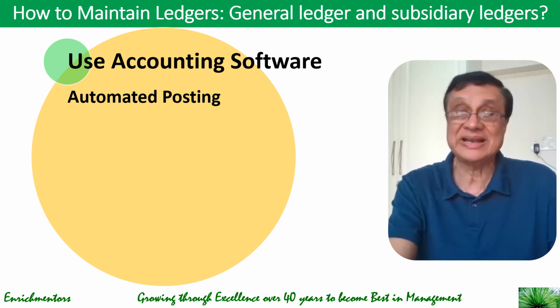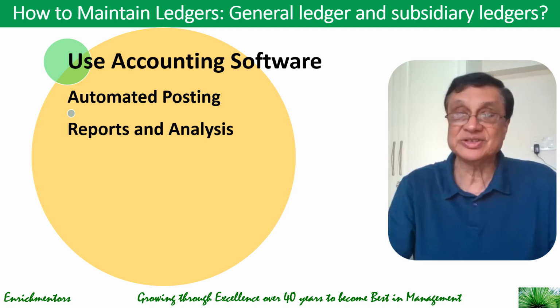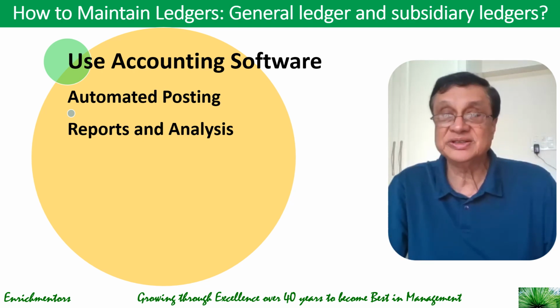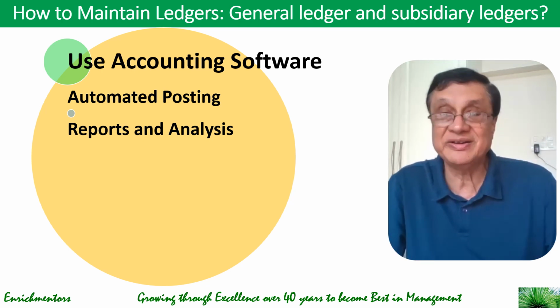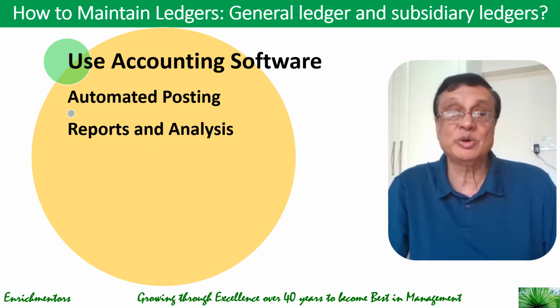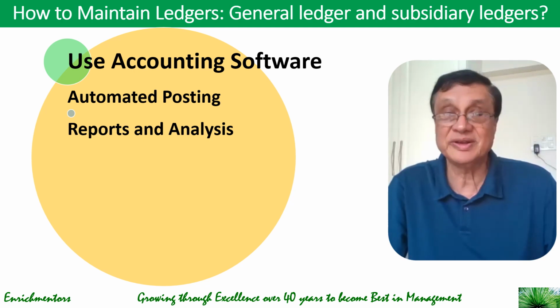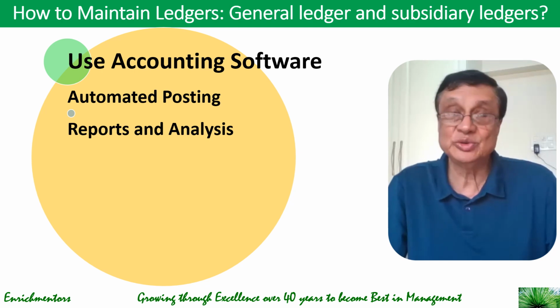So a lot of work gets simplified. Also, it does the reporting and analysis. You can leverage the reporting features in the accounting software to generate real-time reports and perform financial analysis. So life becomes a lot simpler by using accounting software. You don't have to do those manual postings and transfers, and you get reports out in a jiffy.